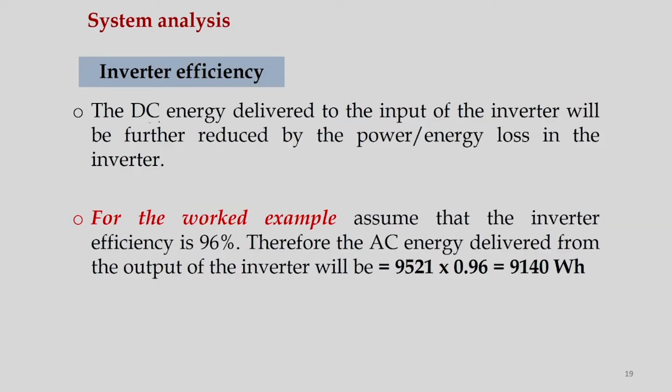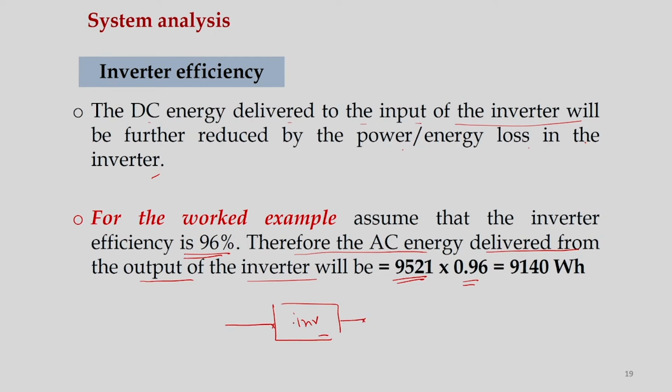Now, this DC energy delivered to the input of the inverter will be further reduced by the power loss in the inverter. If we consider the inverter efficiency is 96%, then the AC energy delivered from the output of the inverter will be 9521 multiplied by 0.96. Let us draw this inverter here: the input is known, and the output we need to calculate.